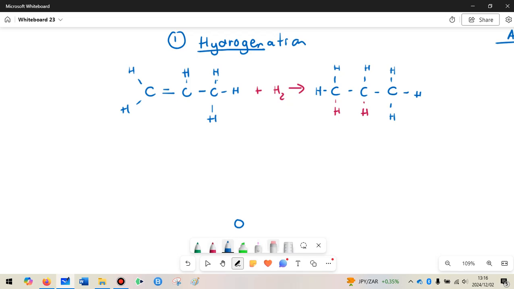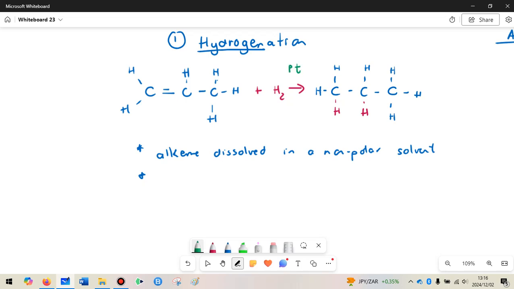What are some of the important reaction conditions during hydrogenation? One is your alkene must be dissolved in a non-polar solvent. Another reaction condition is you need a catalyst, and in fact I'm going to write my catalyst above the arrows here so we get more and more used to them.